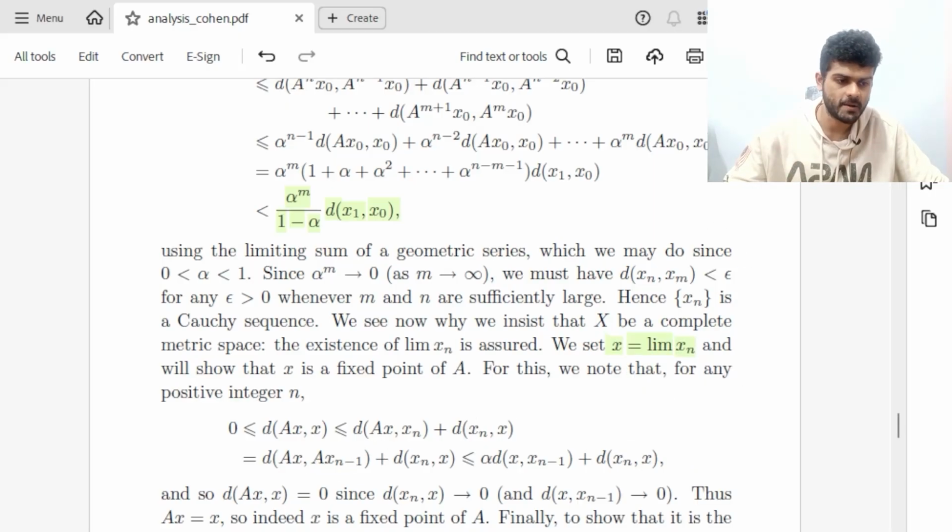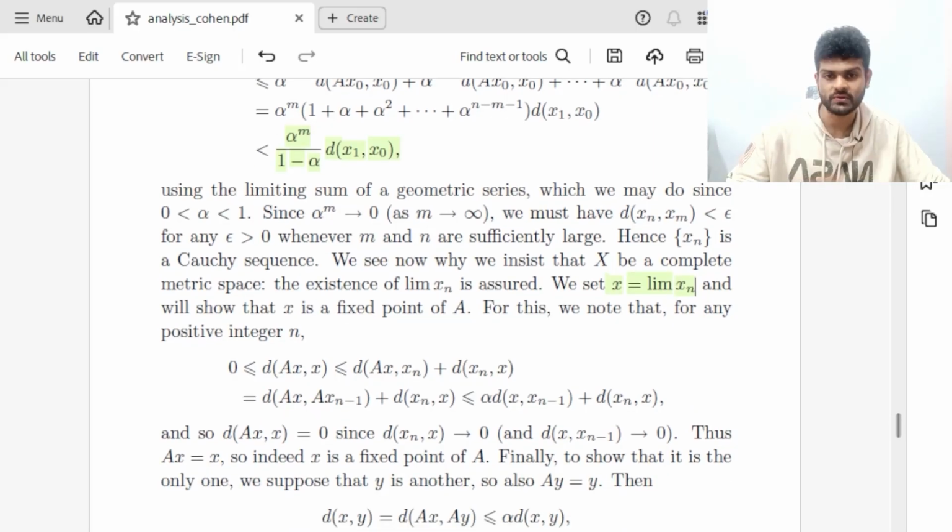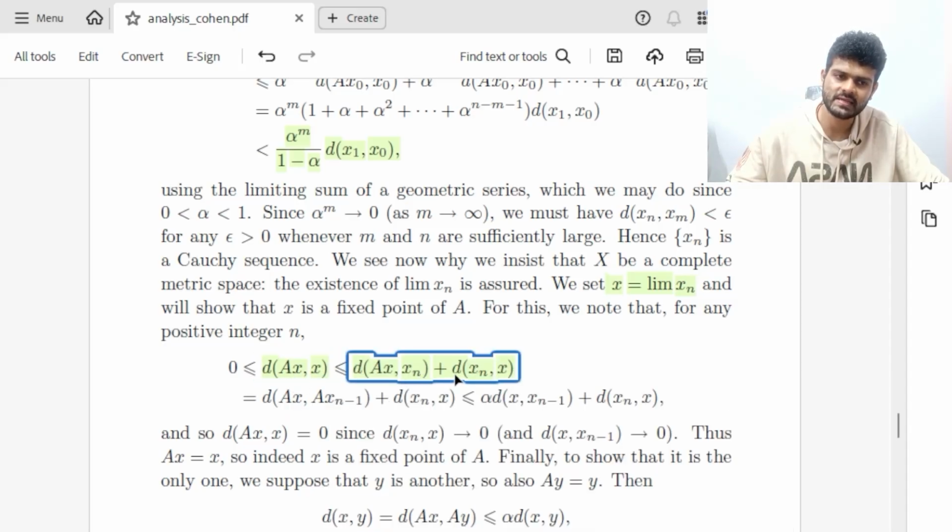Now, there's a limit. Is that a fixed point? Yes, that's a fixed point because the distance of Ax and x, just use the triangle inequality, is at most the distance of Ax and xn plus the distance of xn and x. And what's xn? xn is nothing but A times xn minus 1. The first term is bounded above by alpha times the distance of x and xn minus 1 because of contraction.